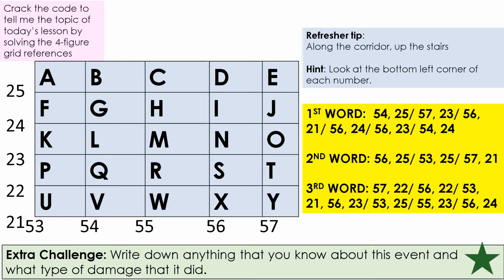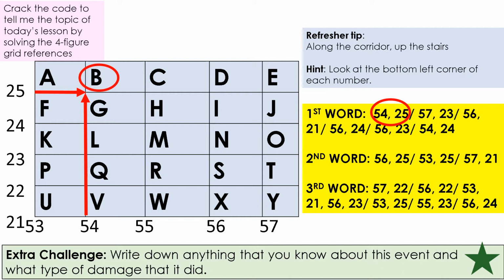So a bit of a different starter activity here, a way of cracking the code, bringing in some skills that you did back in year 7 when we were looking at grid references. So if you remember the phrase along the corridor and up the stairs, you will hopefully be able to work out these codes. And just as a reminder here, if we took the first one at 54, 25, we would go across to 54, and the 54 is on that line there, and up to 25.